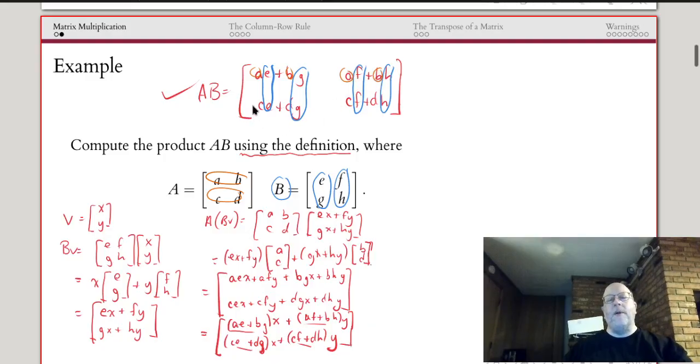A and B appear across, C and D appear going across. And we can leverage that to form a shortcut that we call the column row rule. So let's take a look at how that rule works.